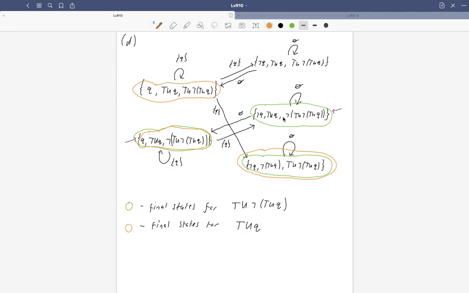There are two initial states, this one and this one. And it'll run through the automaton, and the run will be accepting if it goes through infinitely many green states and infinitely many orange states.